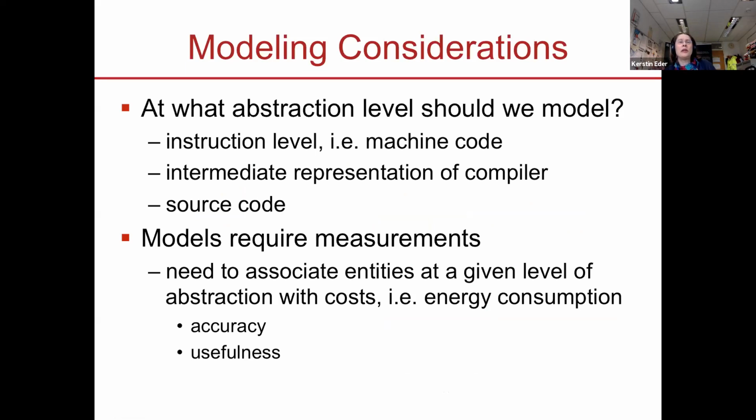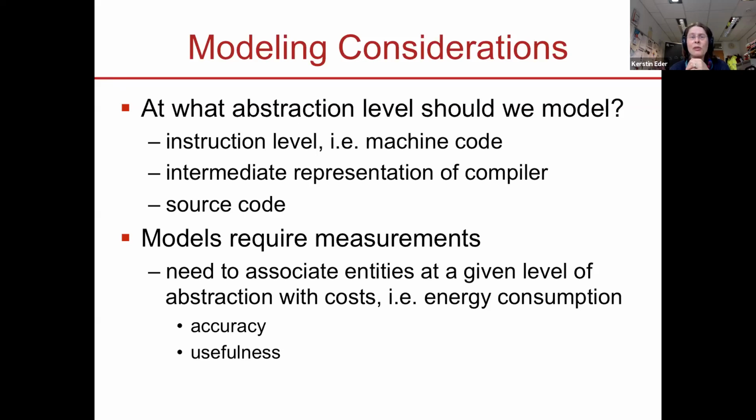There is the question of at what abstraction level we should model. Generally speaking, we could look at the machine code, so the instruction level. We could also consider a halfway house, that's the intermediate representation, or IR, of the compiler. Or we could wish for a source code model.